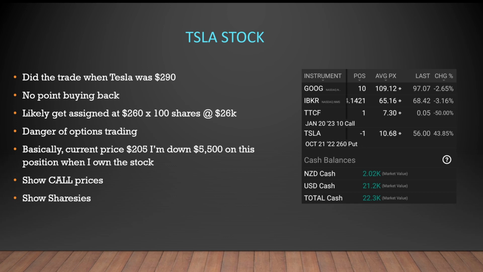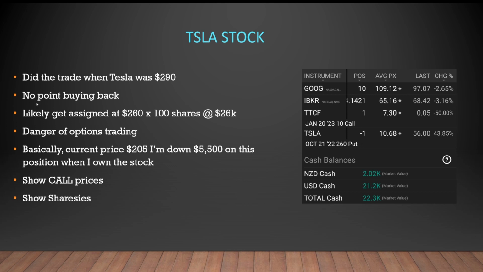Multiply that by 100 shares and I got paid $1,068 at the time, and I thought that was a good deal. But as we know now, it's dropped significantly, and the option itself is worth $56, so that's $5,600. If I was to buy it back, I've got to pay that amount, or I just let it expire and I have to buy the shares at this price here.